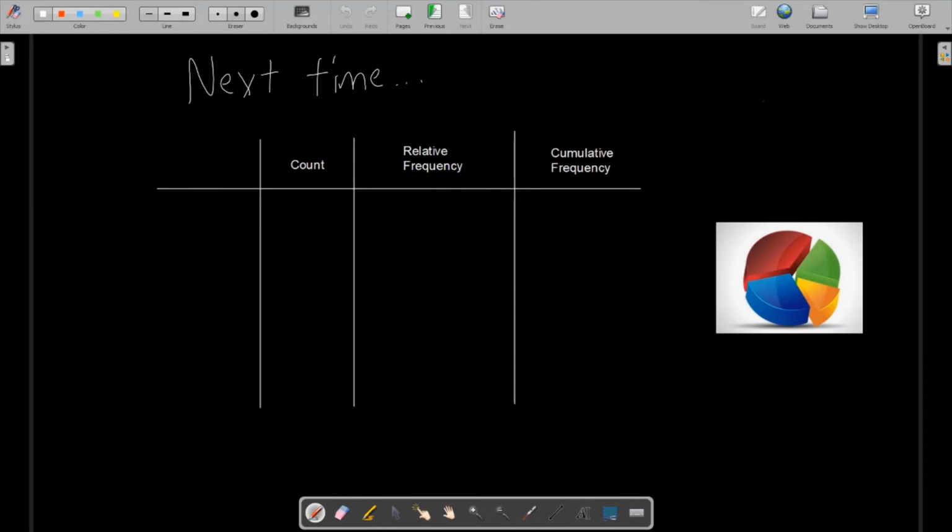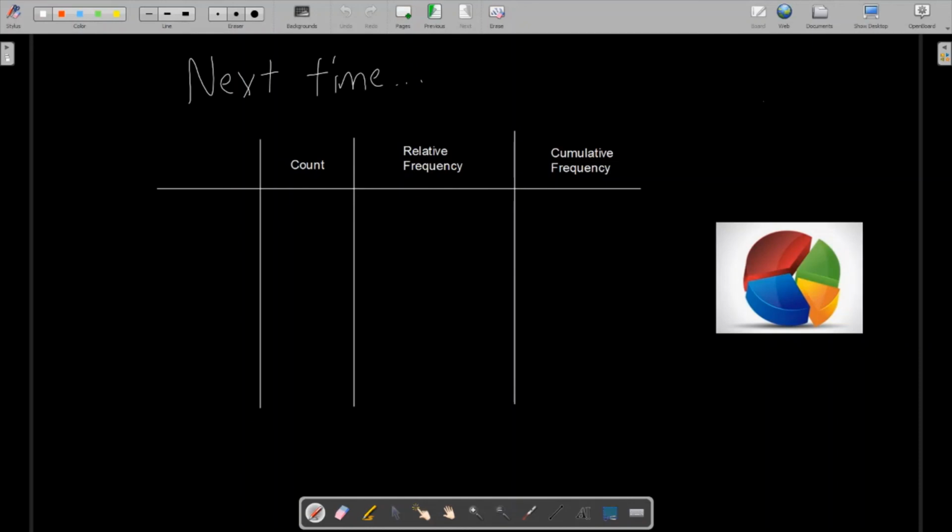Next time I'll introduce relative frequency and cumulative frequency, and we'll need those two concepts to see a couple more graphs and tables, such as the Pareto diagram.